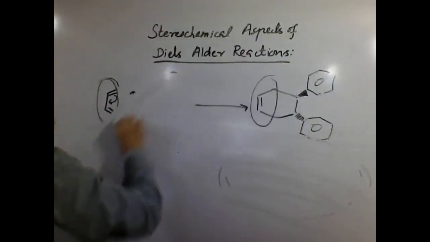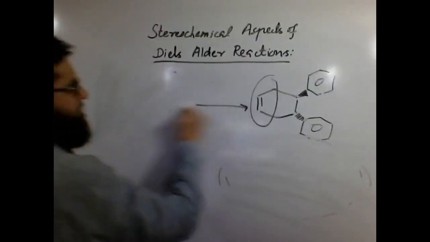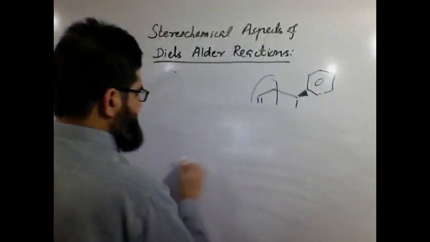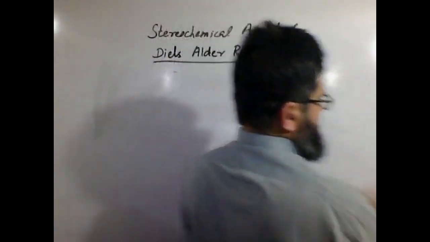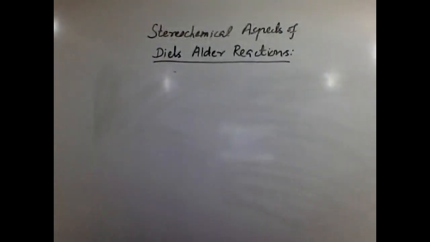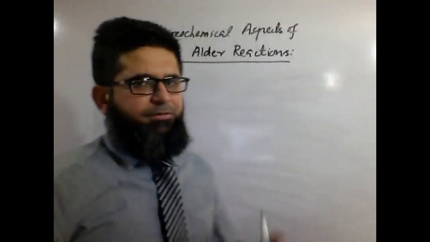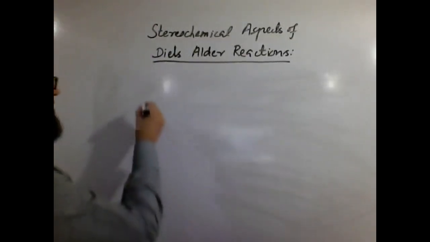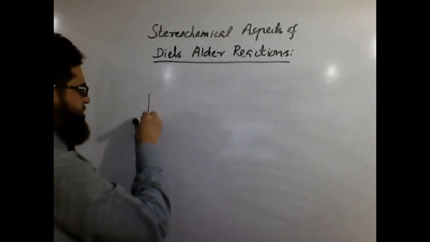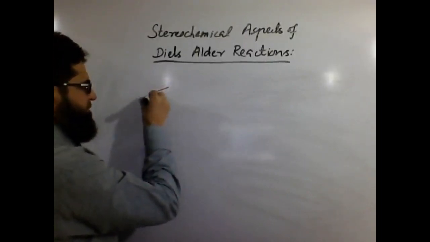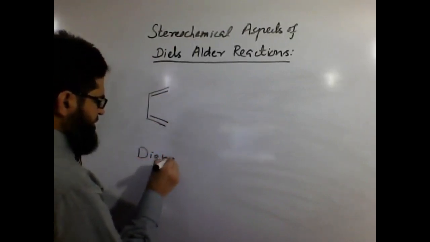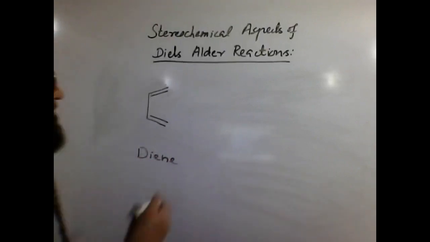On the other hand, if different stereoisomers are involved, let's say the diene which is involved in the Diels-Alder reaction has its own stereochemistry.